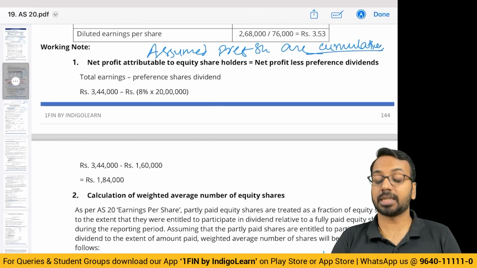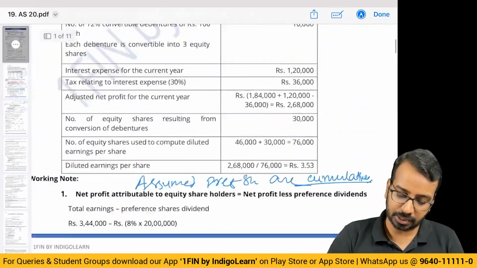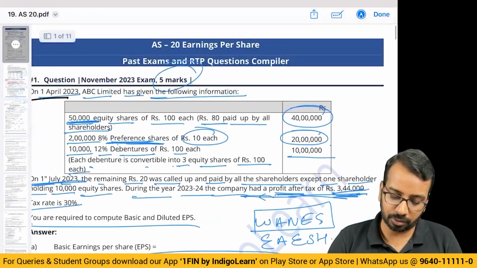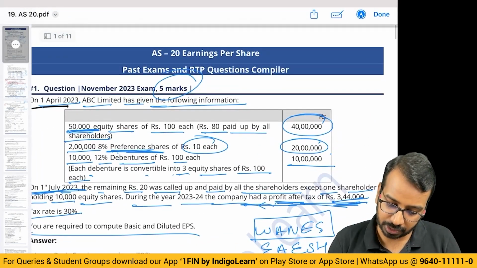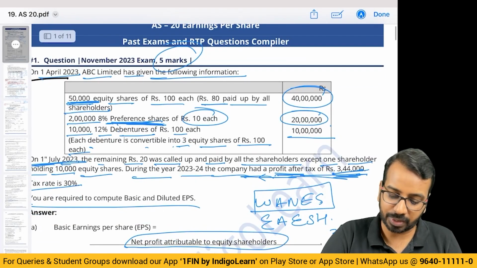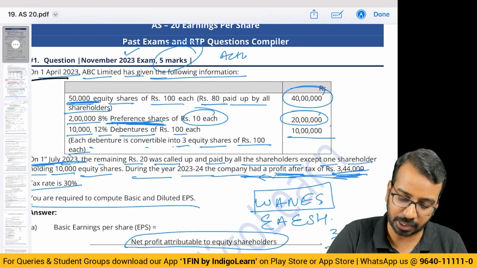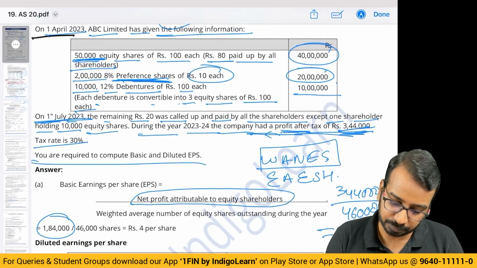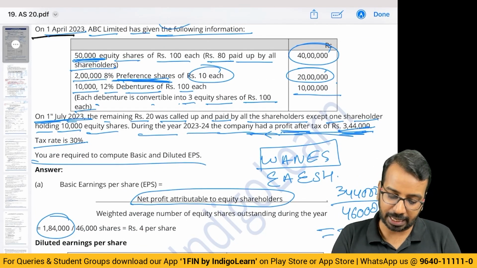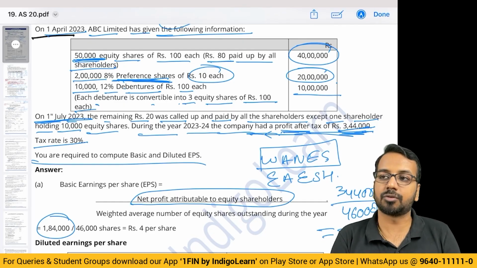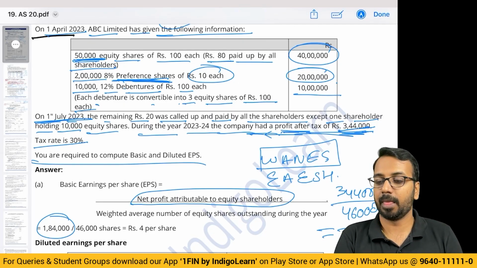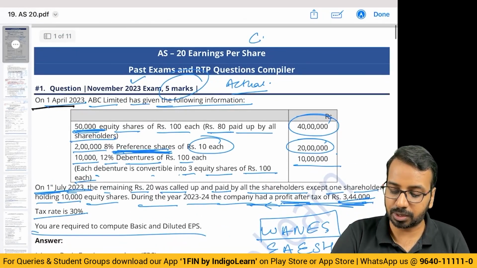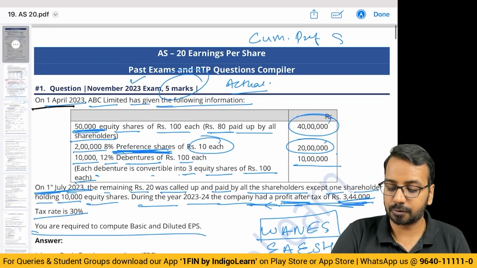If you assume preference shares are cumulative, then it is 344 minus 160 divided by 1,84,000. Now I don't think there is any ground to consider that the preference shares are cumulative. I'll cross check this question with the actual question in the exam. Okay, but I don't see that, there is no dividend declared. They have not mentioned it is cumulative. So generally it is considered to be non-cumulative if nothing has been mentioned. If it is cumulative, they have to mention it is cumulative preference shares.